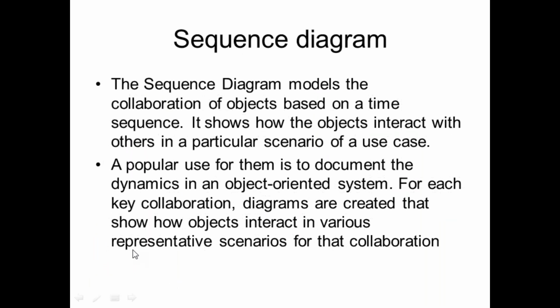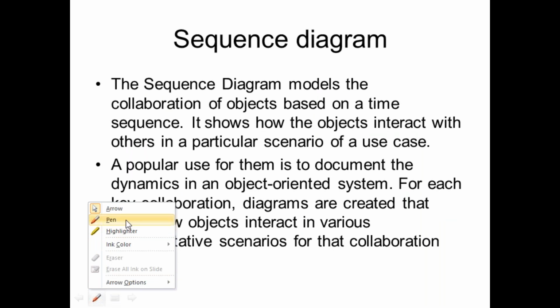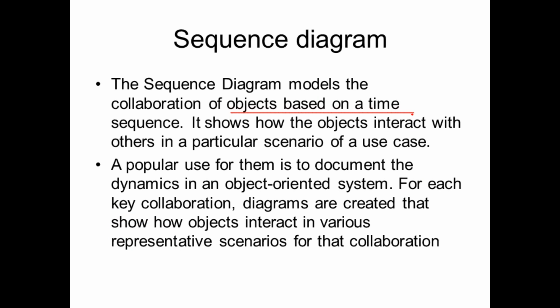Now if you look at the sequence diagram, it models the collaboration of objects based on a time sequence. It shows how the objects interact with others in a particular scenario of a use case. A popular use for them is to document the dynamics in an object-oriented system.